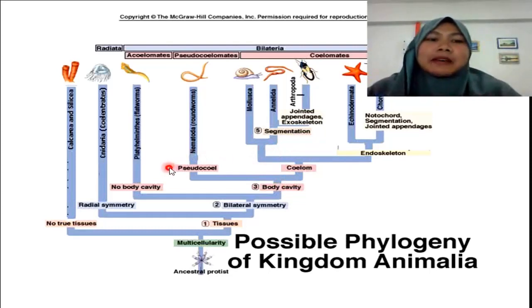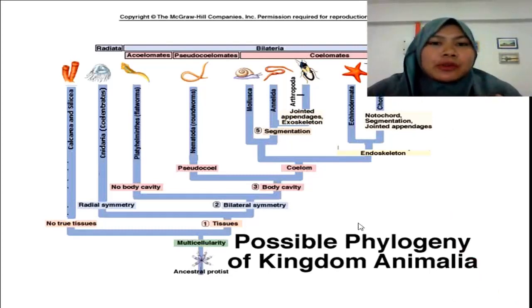But some animals have a false body cavity, which we call pseudocoelom, as you can see here. Animals with a pseudocoelom are from the phylum Nematoda, or roundworms. Animals with a true body cavity are differentiated by other characteristics, for example the skeleton and also segmentation. So you can see that animals emerge from the least complex to the most complex: from Nematoda, then towards Mollusca, Annelida, Arthropoda, Echinodermata, and last is Chordata.